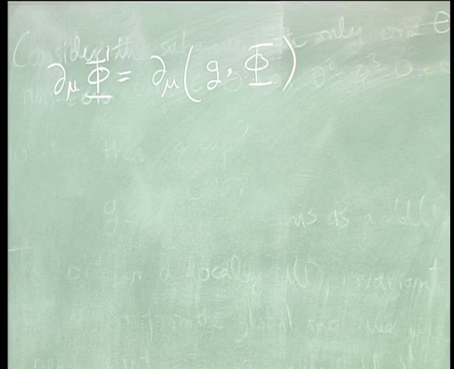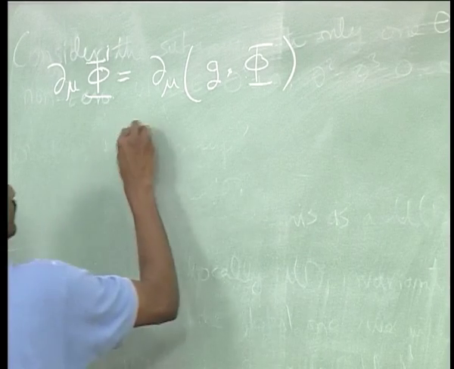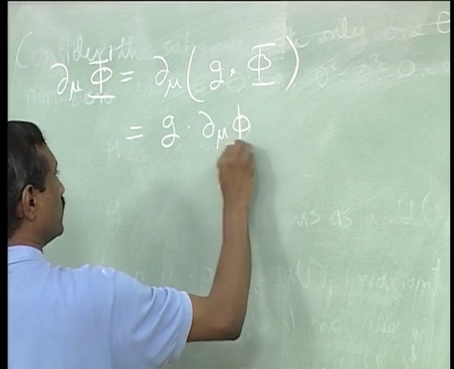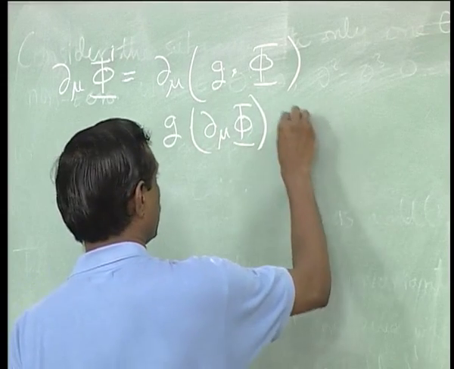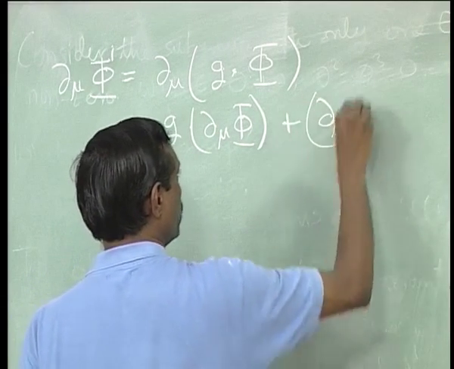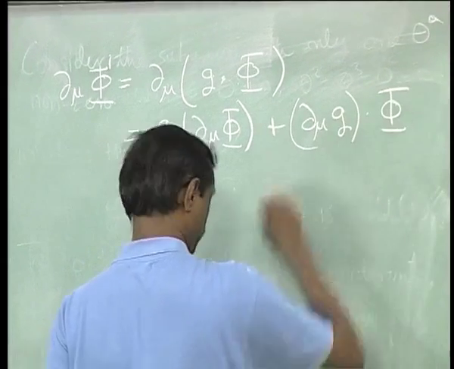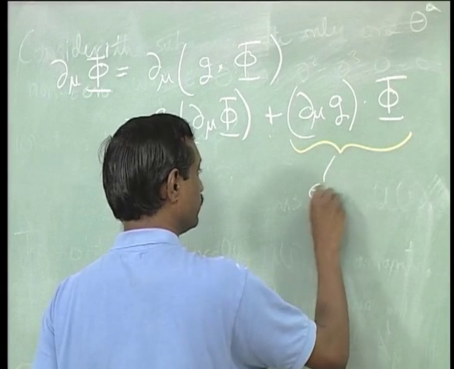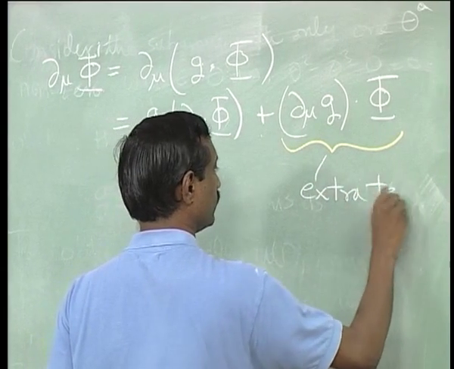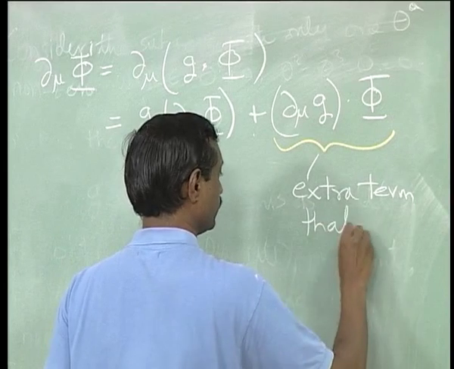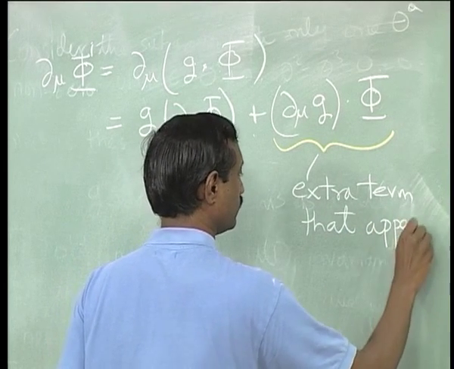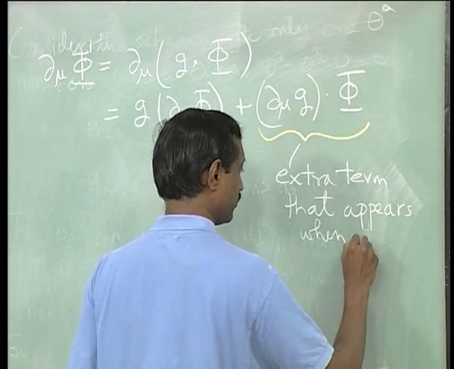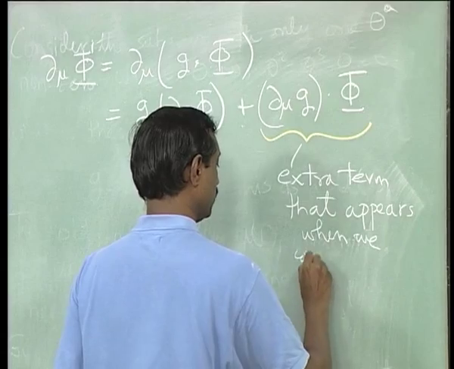It has one part which is nice, which is when d mu acts on phi as before, but this is the bad news, the bad part. This is the extra term that appears when we consider local SU2.